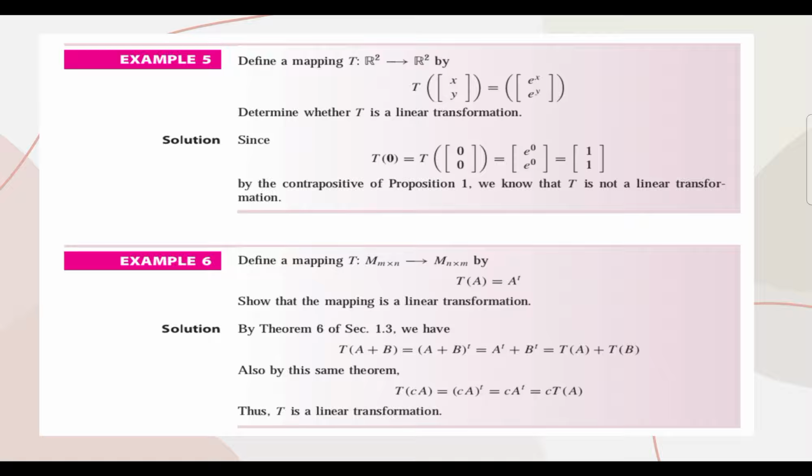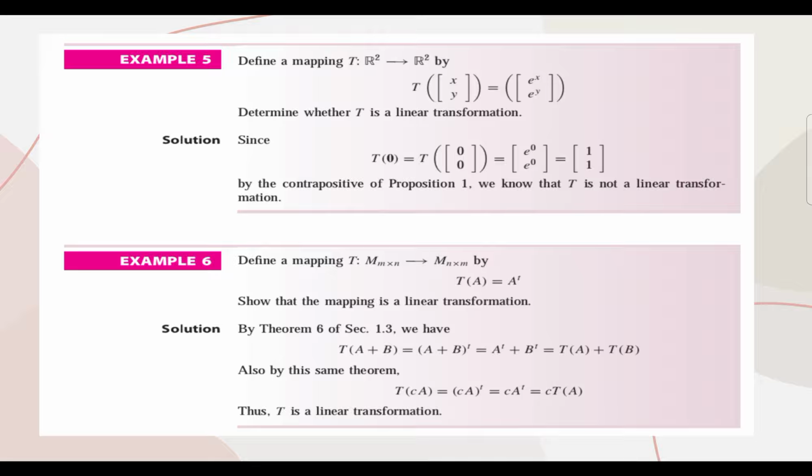Define a mapping T from M_{m×n} to M_{n×m} by T(A) = A^T. Show that the mapping is a linear transformation.